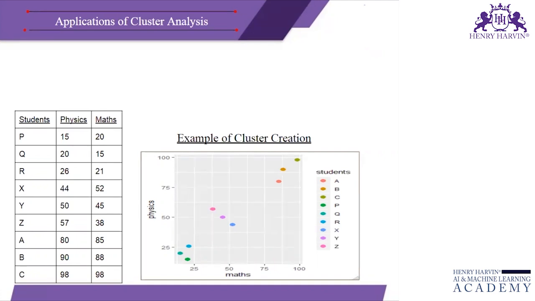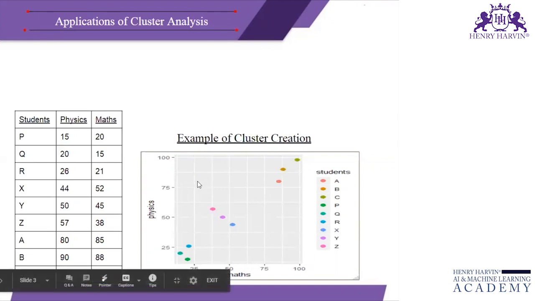So if we create clusters for this data set, we have three groups wherein PQR is in one group, XYZ is in one group, and ABC is one group. So this is how clusters will be created, wherein each cluster will be homogeneous within and heterogeneous with the other clusters.